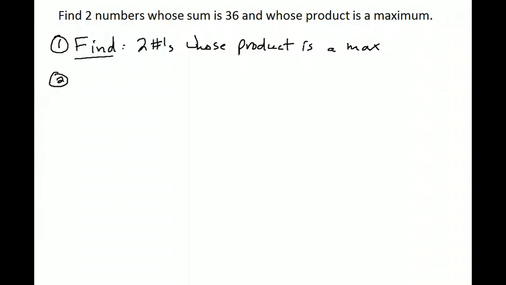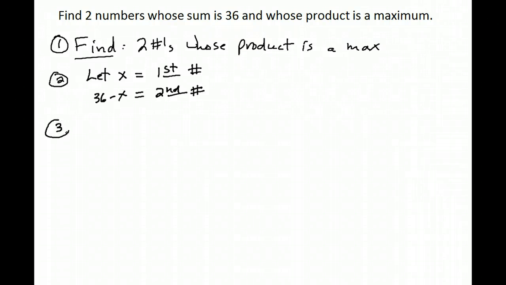Now I'm looking for two numbers whose sum is 36 and whose product is a maximum. First, I'm going to let x equal the first number. Then, if their sum is 36, the second number is going to be 36 minus x.